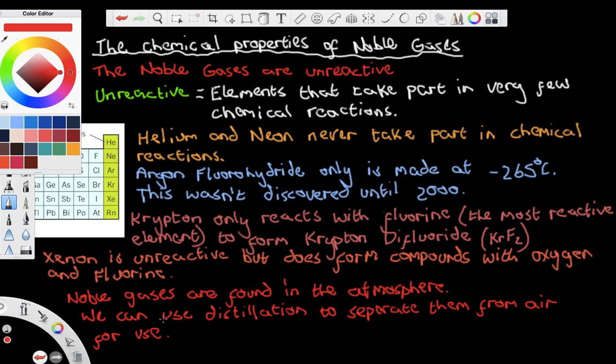But also at the same time, helium is found as a natural gas underground. So helium is found as a gas underground.